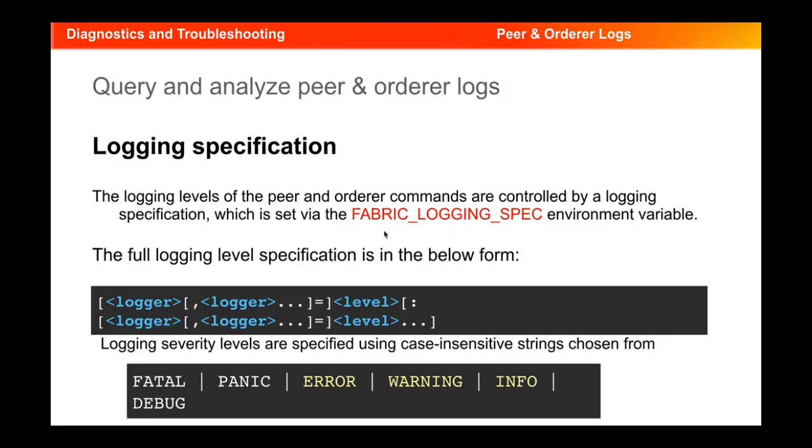The full logging level specification looks something like this. Here the logging severity levels are specified using a case-sensitive string chosen from these. The level, which you can see on the right-hand side, takes these values: it can be either fatal, panic, error, warning, info, or debug.